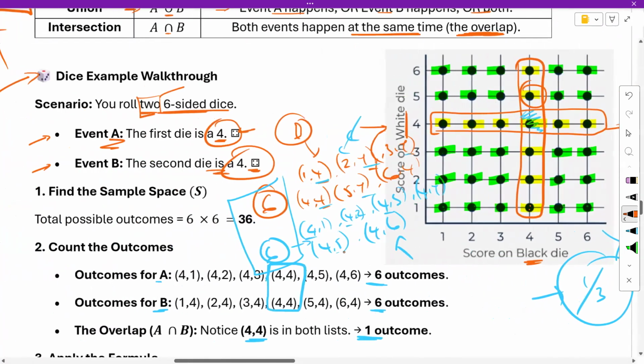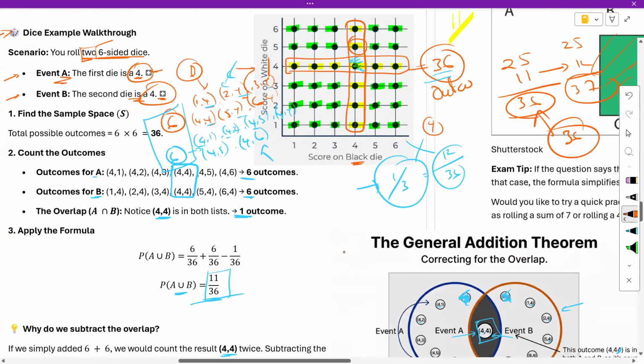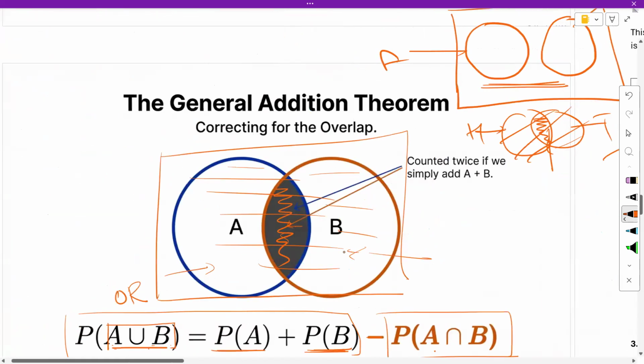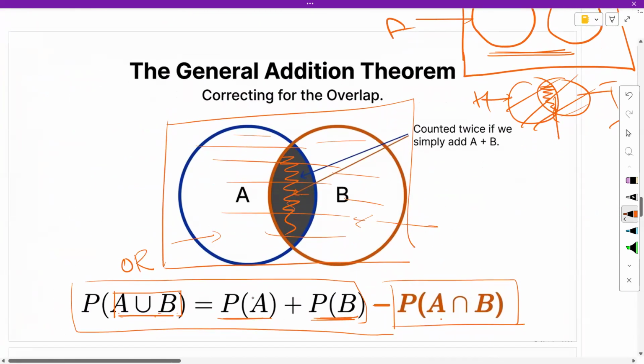Any doubt? Any questions? Okay, so now you will get this one. This is the formula, remember.